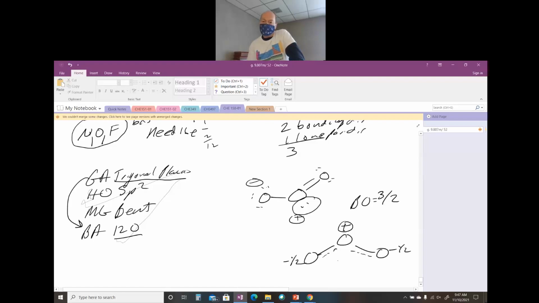All right, so your center of negative is between the 2 oxygens at the bottom. Here is the center of minus, and there is the center of plus. And so there is a separation between the center of plus, which is a formal charge +1 oxygen, and the center of minus, which is the formal charge -1/2, the center here. There's no bond dipole to draw because oxygen's electronegativity is exactly the same as oxygen's electronegativity.